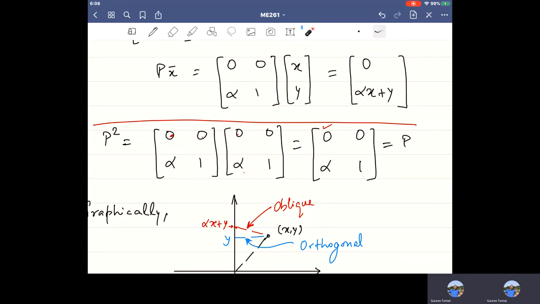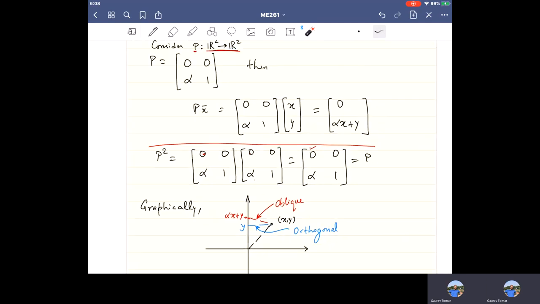Then alpha into 0 and 1 into alpha, you get alpha. And alpha times 0 and 1 times 1, you get 1. This is the same as P, so this is a projection operator, right?